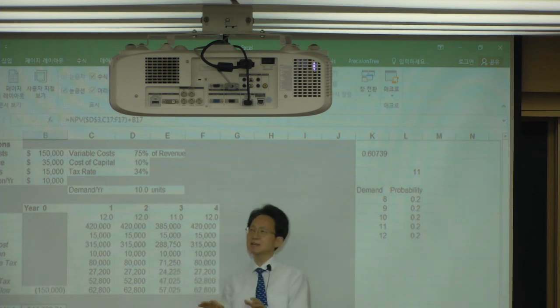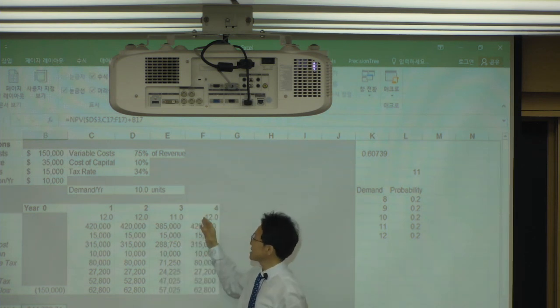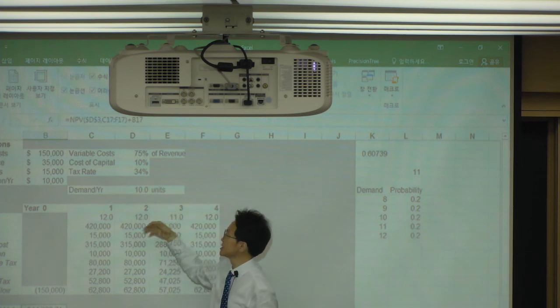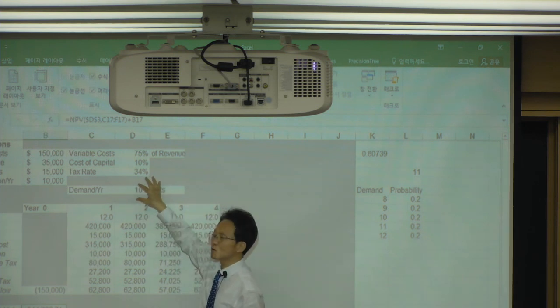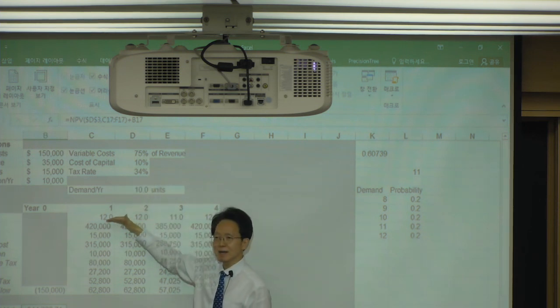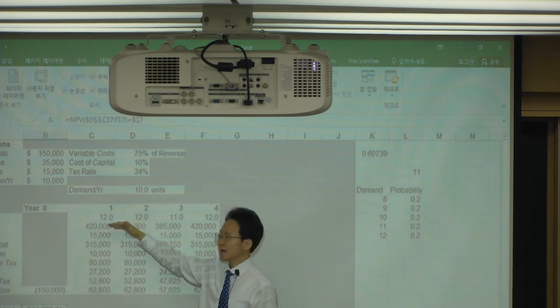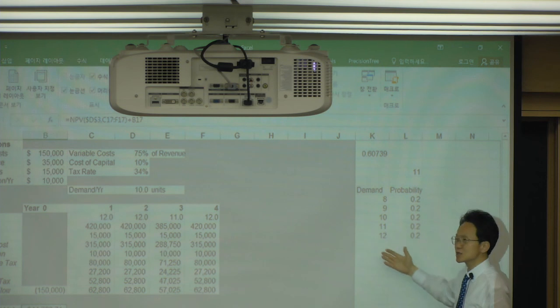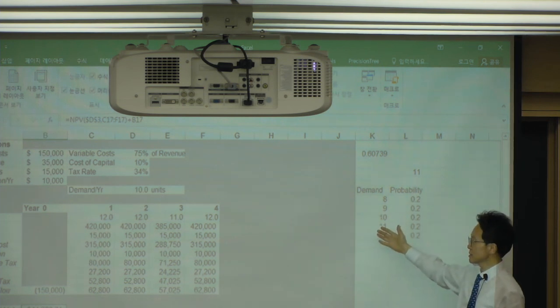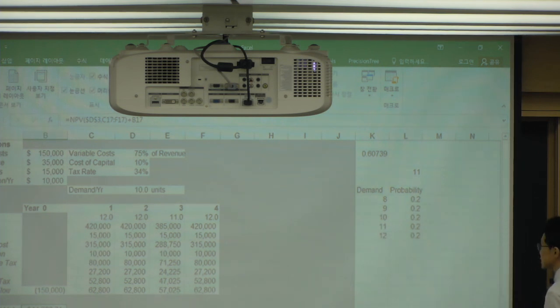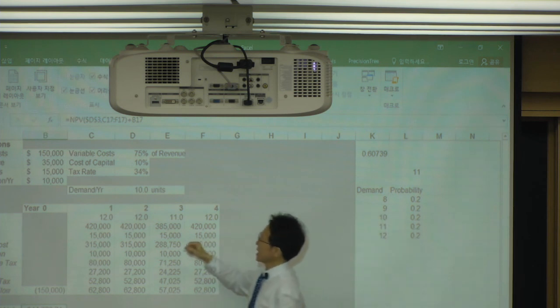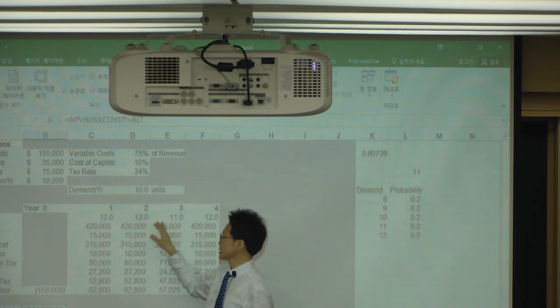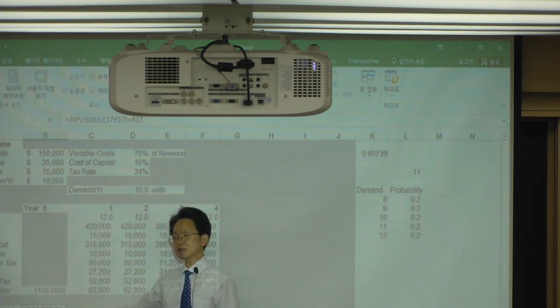So as you can see, what we have done is we incorporate the uncertainty into demand. And now demand follows this probability distribution. So it follows uncertainty. And as it happens, the net present value changes.